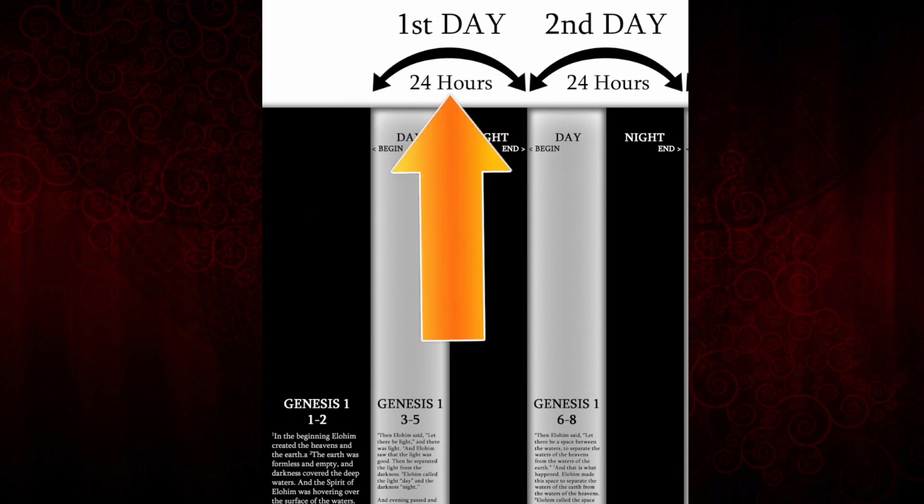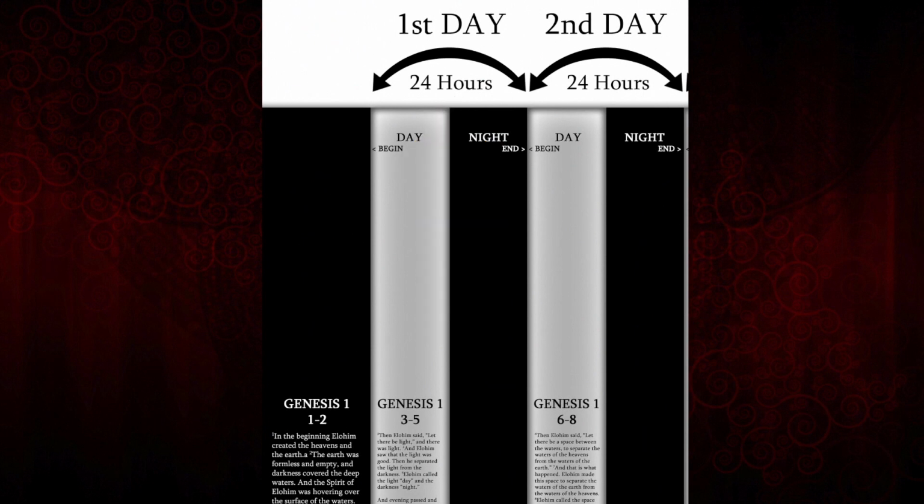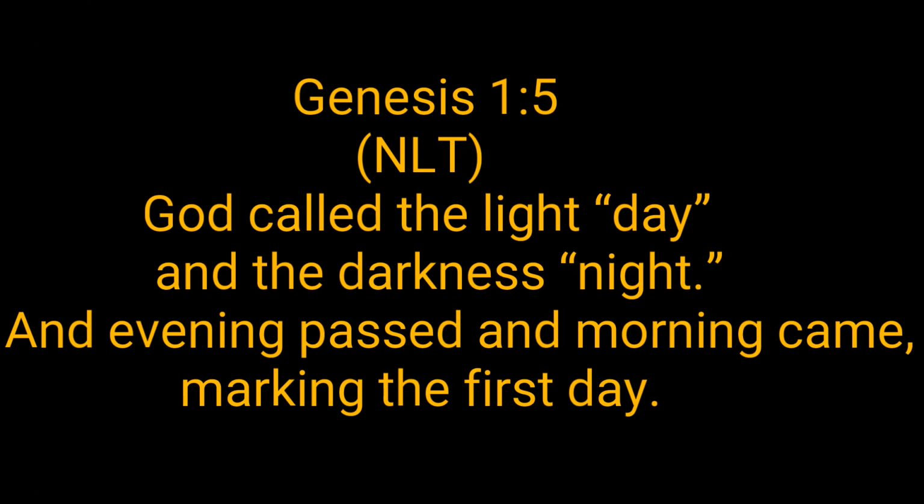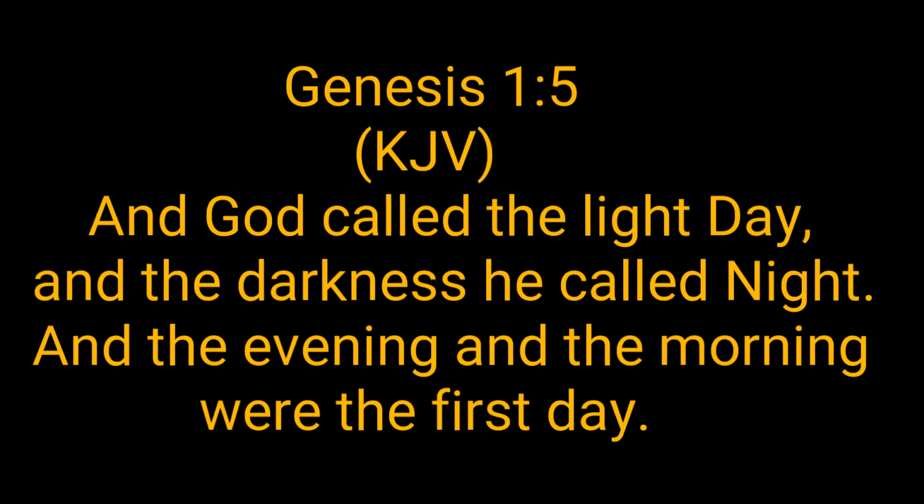That is a much better translation. If you compare it with the King James, the King James says, and God called the light day, and the darkness he called night, and the evening and the morning were the first day.